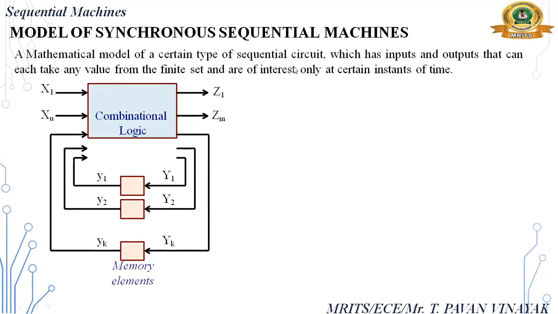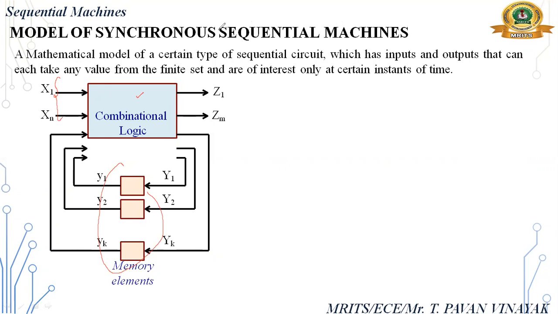This is the basic block diagram of a sequential circuit or sequential machine. Here we have a combinational circuit and some memory element. Combined, we call it a sequential circuit. Further, we are giving some inputs while designing sequential machines.